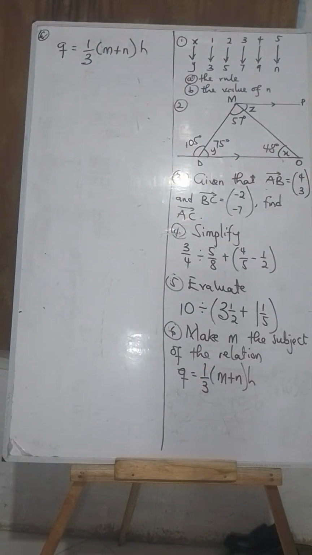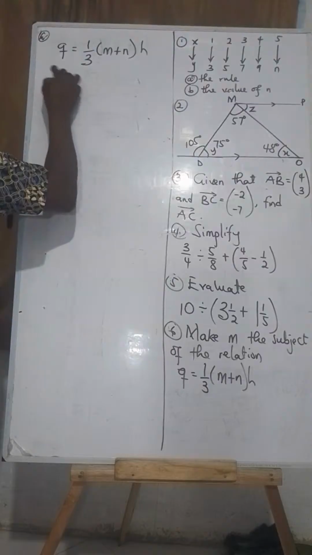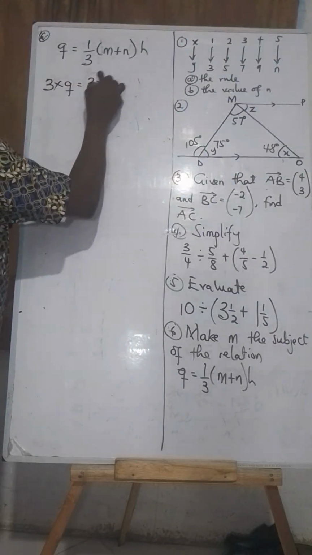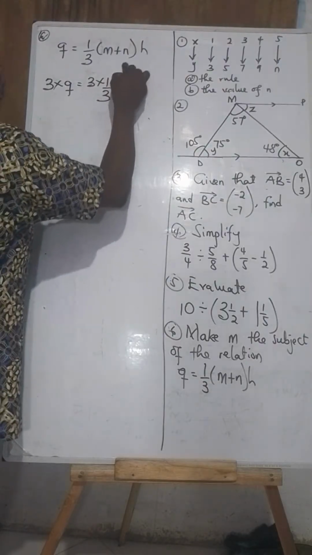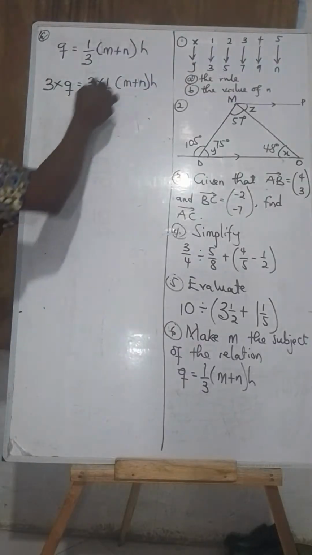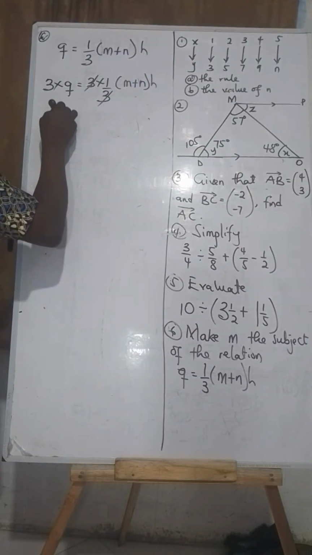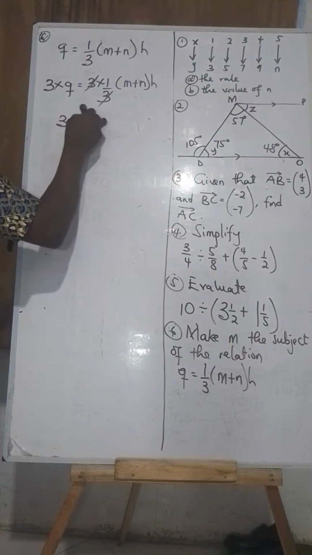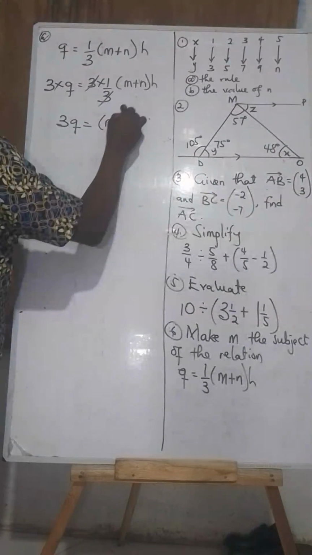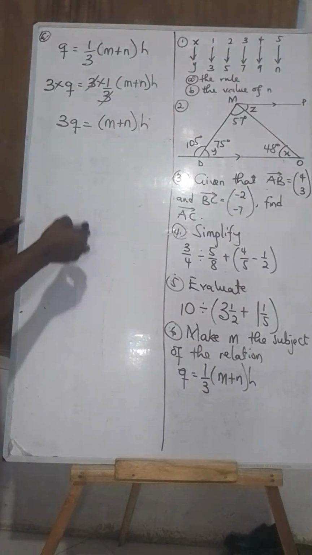So with this, you have to make it linear by multiplying each side by the LCM, that is 3. So 3 times Q equals 3 times 1 on 3 by (m plus n) by h. Right, so this cancels this. You have 3Q equals m plus n by h.